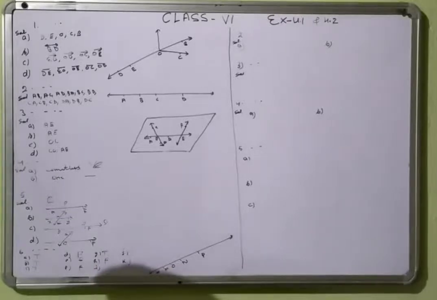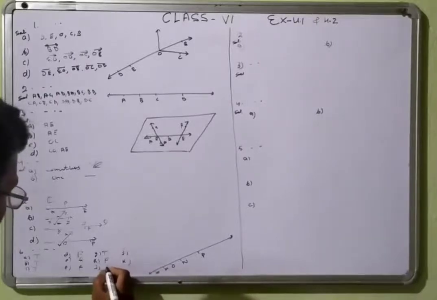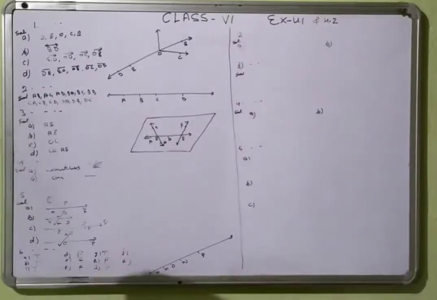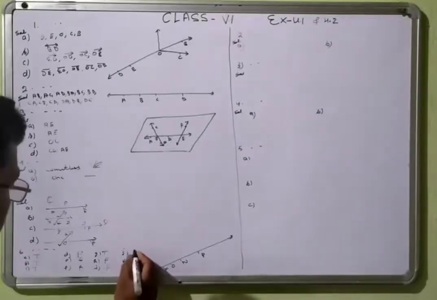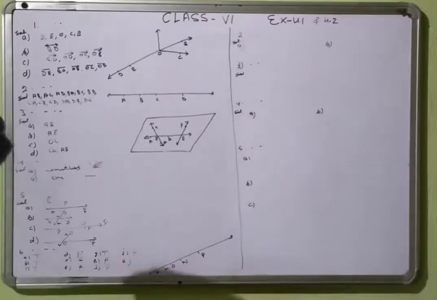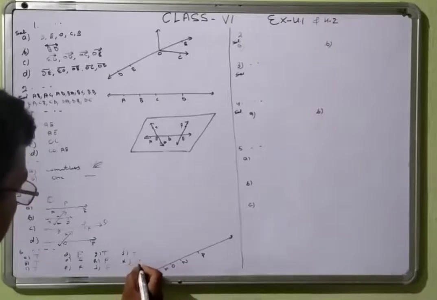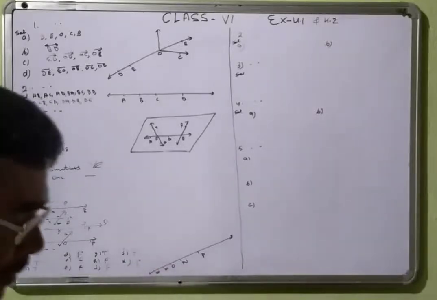Ray OM is not possible to ray OP. False, it's possible. O is not an initial point of OP. No, false. N is an initial point. Yes, true.